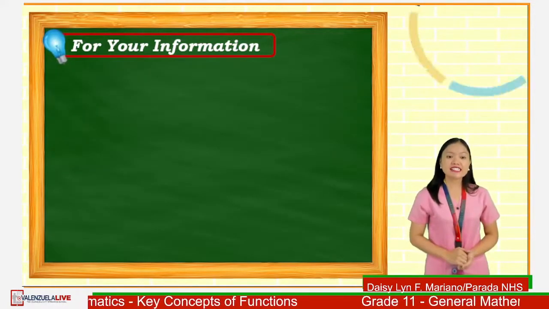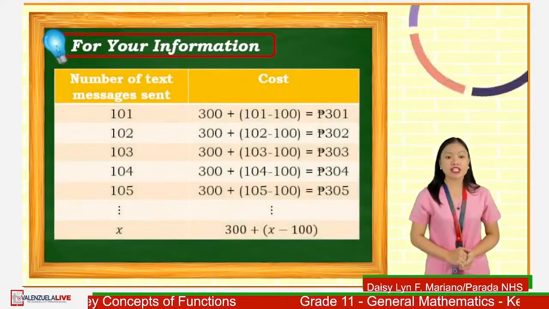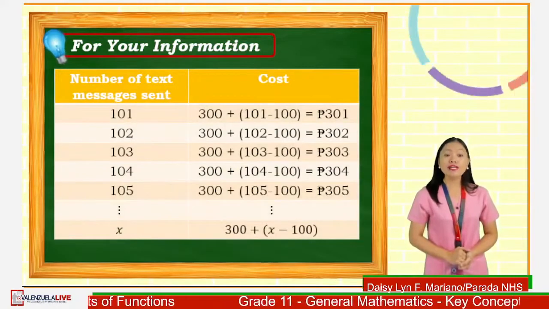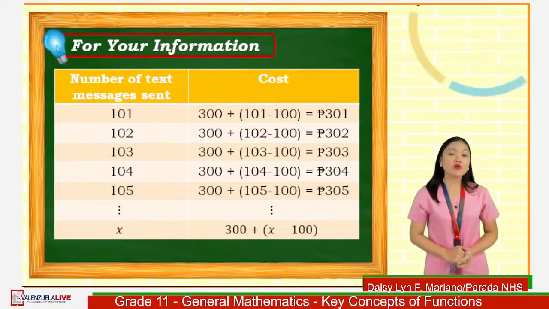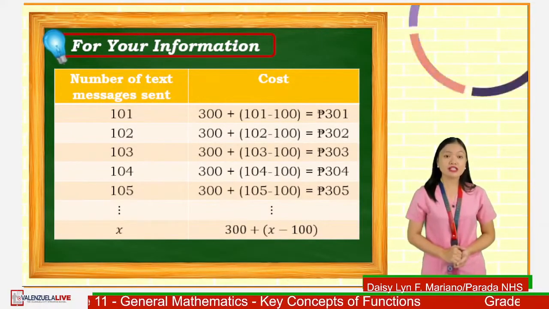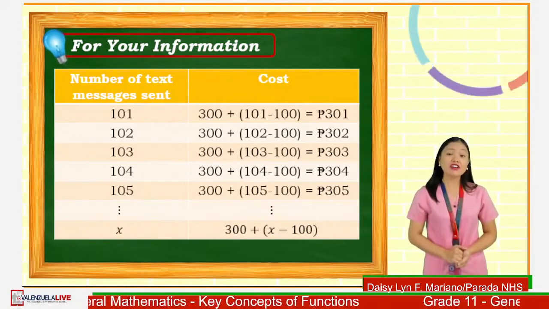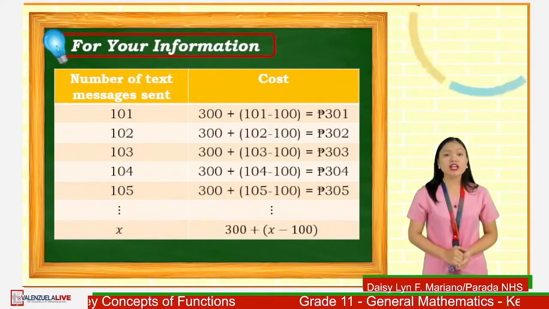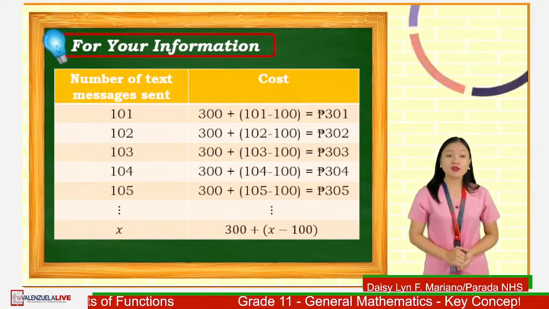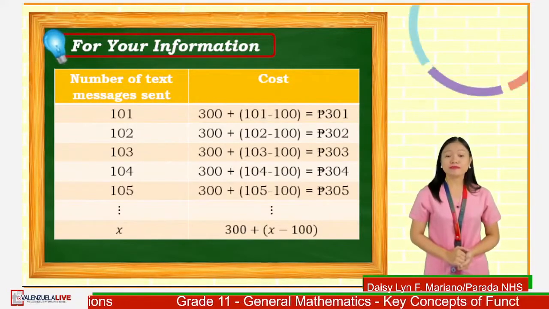However, in excess of 100 text messages, you will be charged 1 peso for every message sent. So, for sending 101 text messages, you will be charged 301 pesos. For sending 102 text messages, you will be charged 302 pesos, and so on.